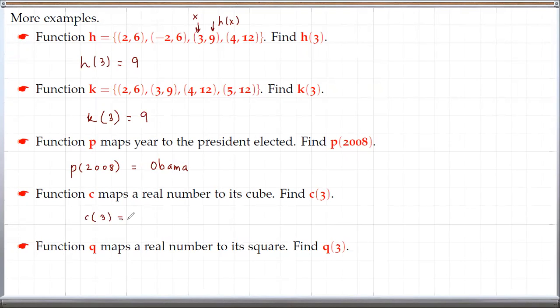So c of 3 would map 3 to its cube, so 3 cubed, or 27. So c of 3 is 27. q maps a real number to its square. So q of 3 would be 3 squared. So if you input 3, then your output would be 3 squared, which is 9.